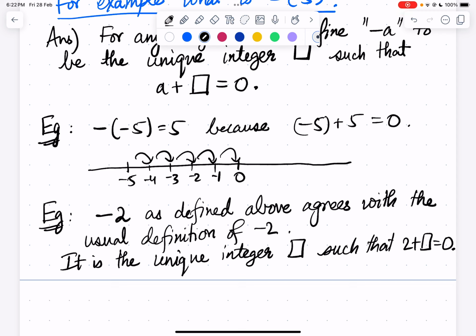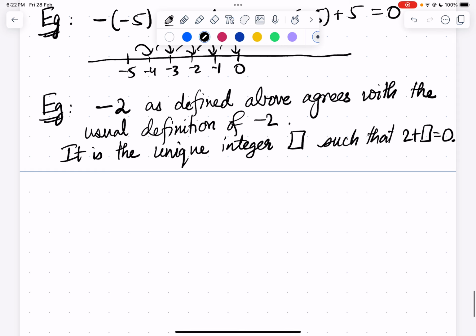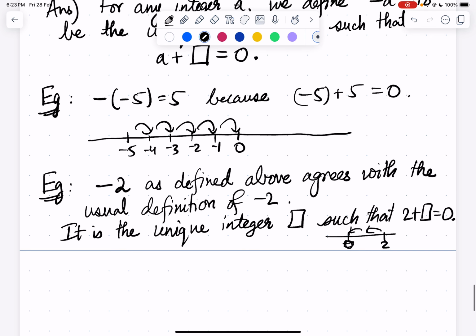So if you begin at 2 and you take 2 steps backward, then you get to 0. So minus 2 is the so-called additive inverse of 2.